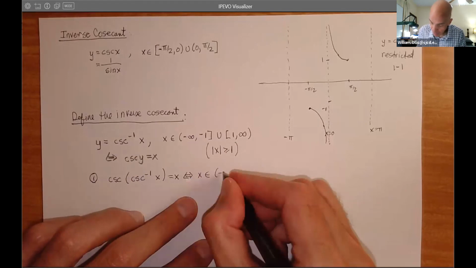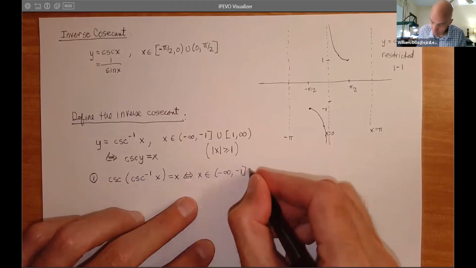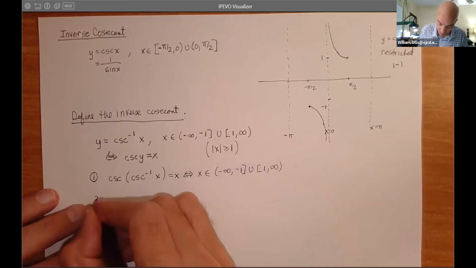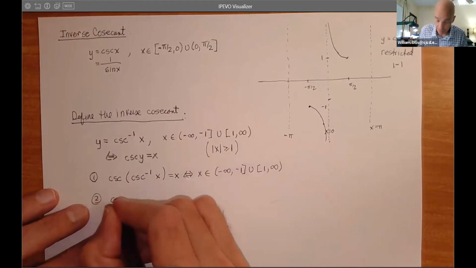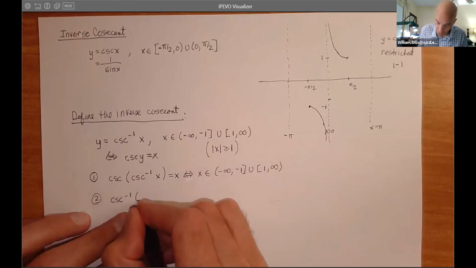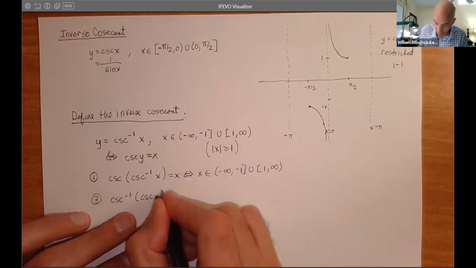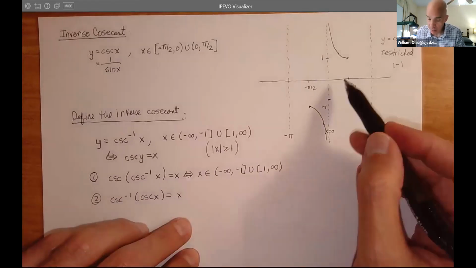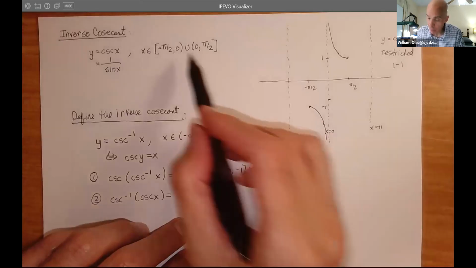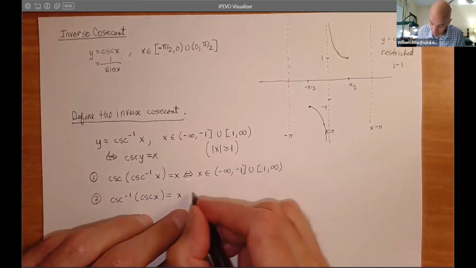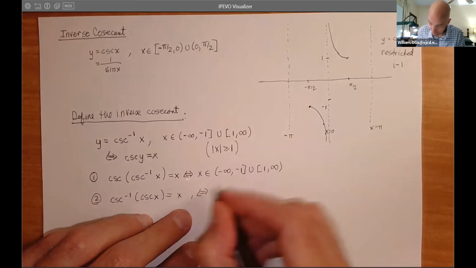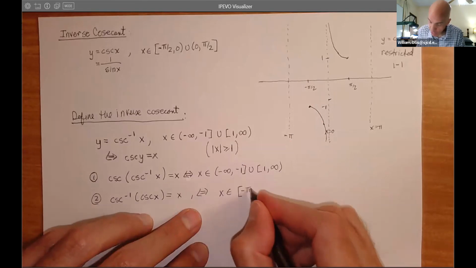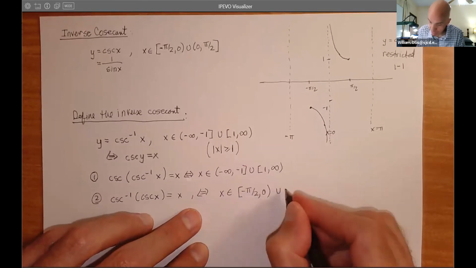Negative infinity to -1, union 1 to infinity, and then 2, inverse cosecant of cosecant of x will be x as long as we respect the output. And now we see that it's going to be right here between negative pi over 2 and pi over 2. So we get a lot of practice with symbolic computation and symbolic notation.